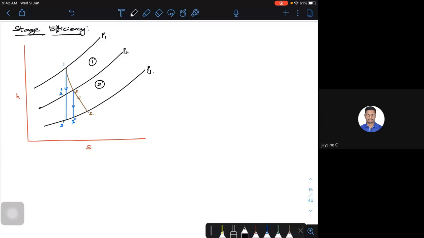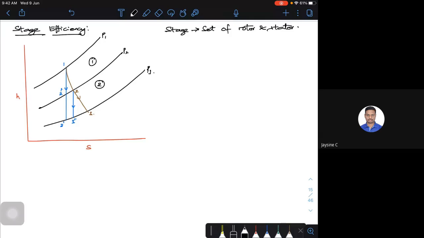So what is a stage? Already we have defined. A stage is nothing but a set of a rotor and a stator.